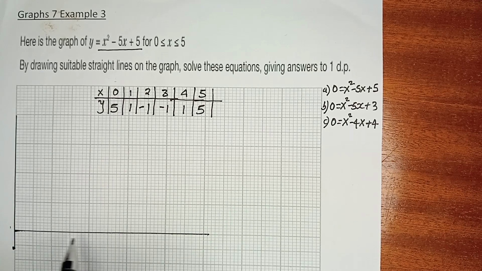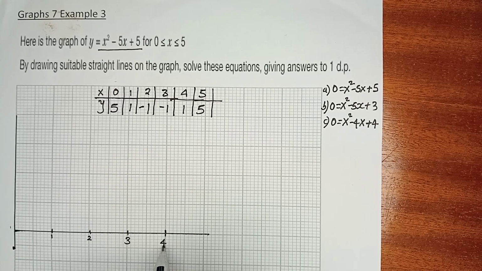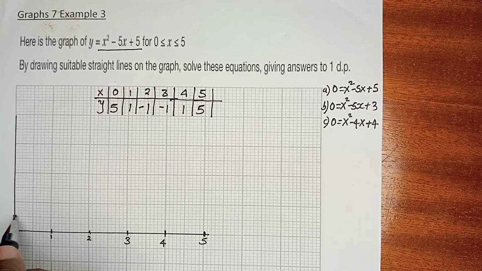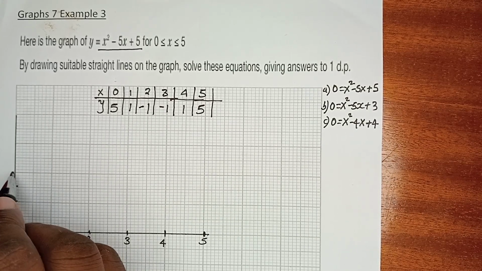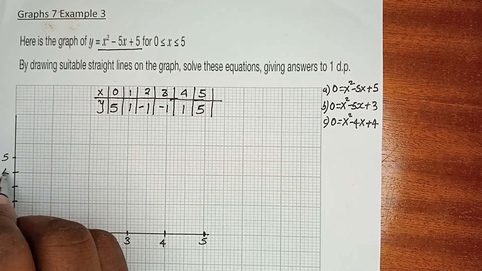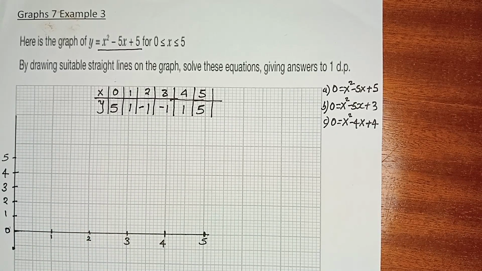From 0, 1, 2, 3, 4, 5, we can have 1, 2, 3, 4, and 5. Those are the values of x. What about the values of y? The highest value of y according to the table is also 5. So we should have 1, 2, 3, 4, 5, and we have 0 there.